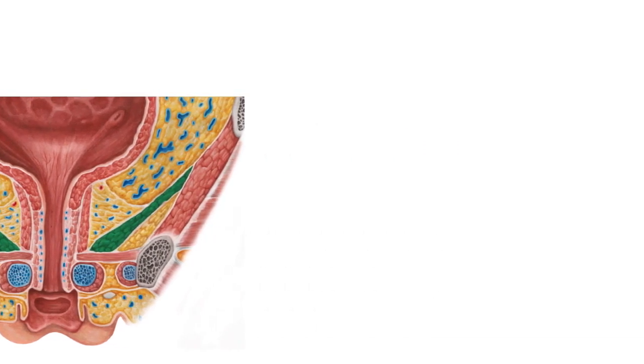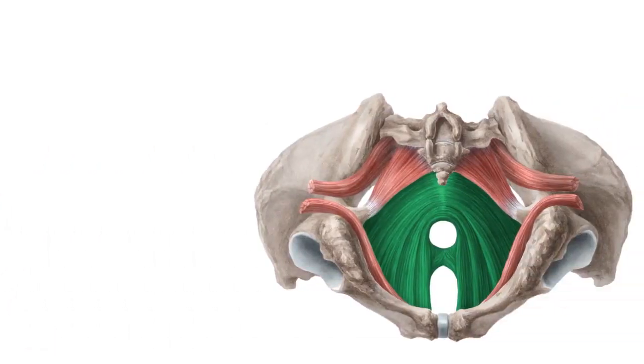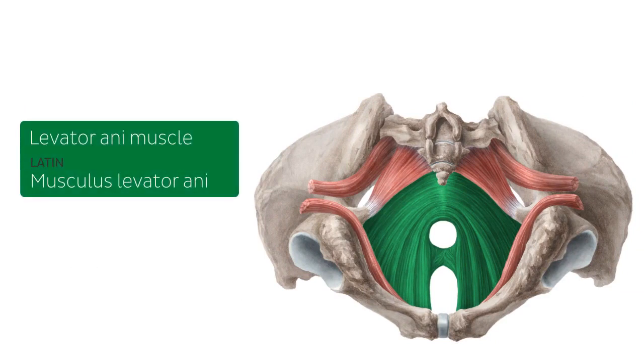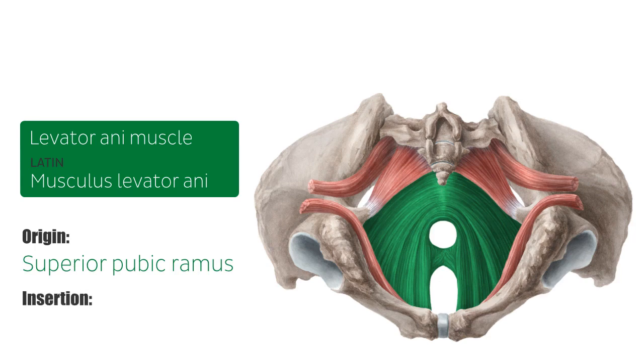Now moving on to this image of the inferior view of the pelvis, still highlighting the levator ani muscle. In the female pelvis, the levator ani has its origin on the posterior aspect of the superior pubic ramus and also the ischial spine. It inserts in the superior surface of the perineal membrane, on the other side around the anal canal, and the last two segments of the coccyx.